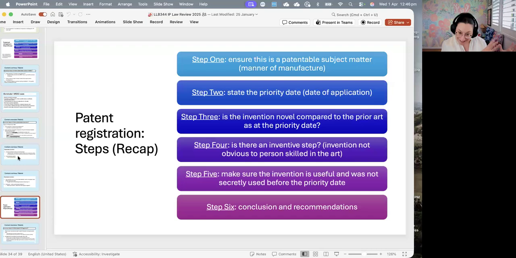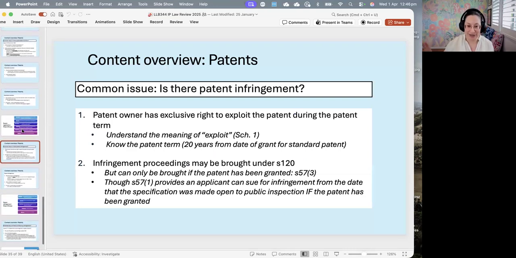So getting a patent registration is the first half of patent. The second half is whether or not somebody has infringed on the patent once it is granted. Because a patent gives the patent owner the exclusive right to exploit the invention during the term, right? During that 20 years.